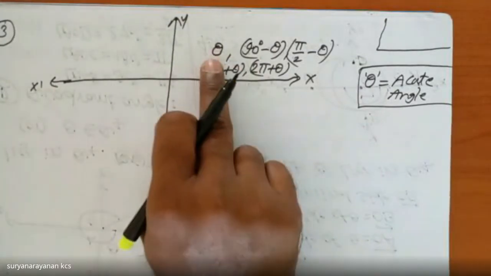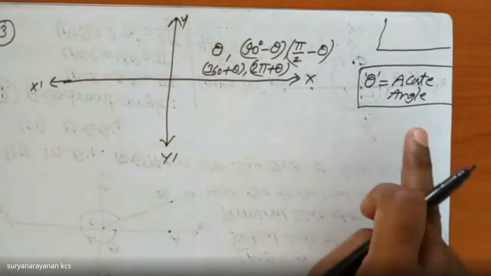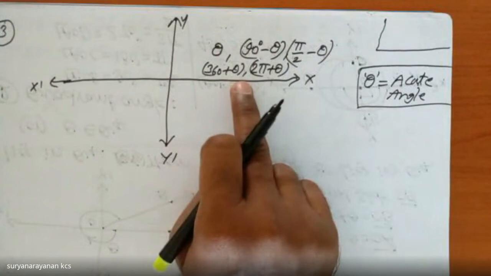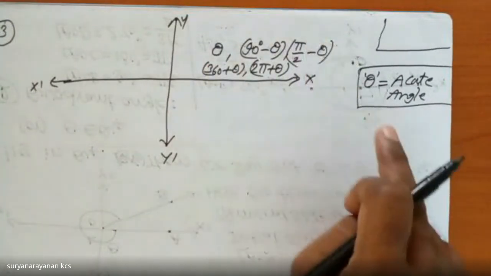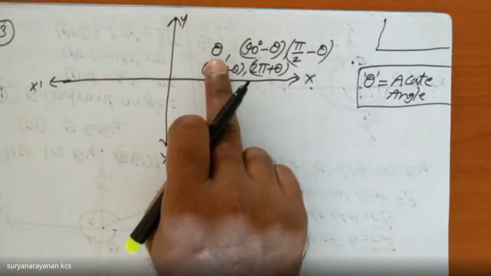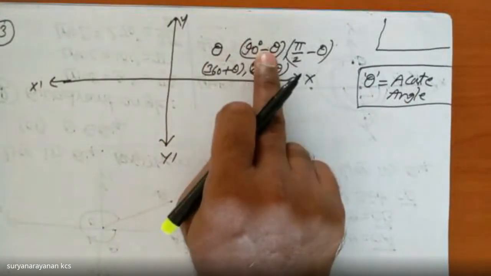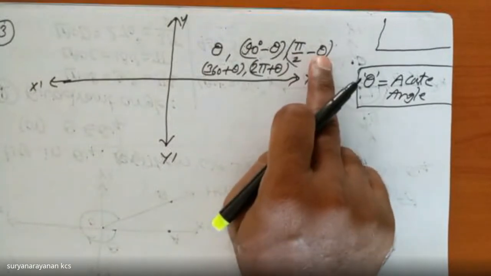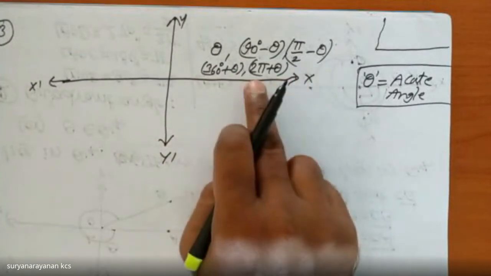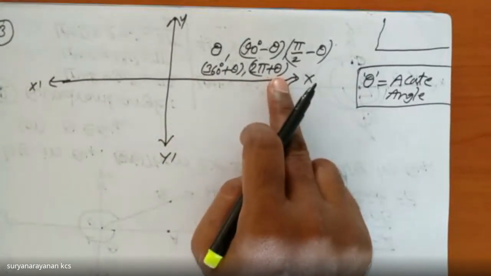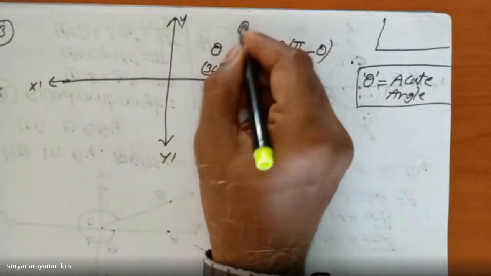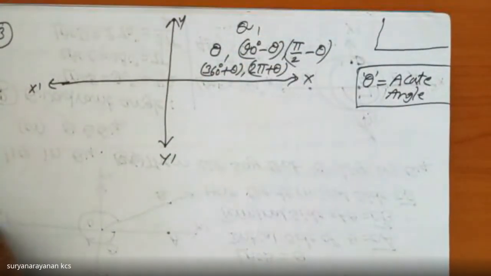The measurement of angle theta is less than 90 degrees everywhere. So theta is an acute angle, or 90 minus an acute angle, pi by 2 minus an acute angle, 360 degrees plus acute angle, 2 pi plus acute angle. If any angle is in this form, it lies in quadrant 1.